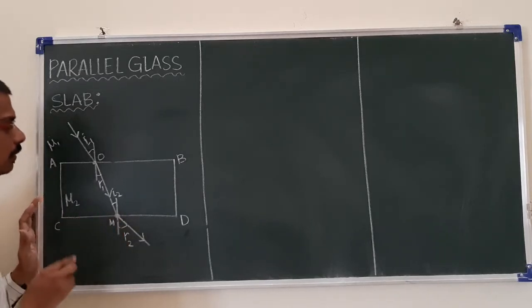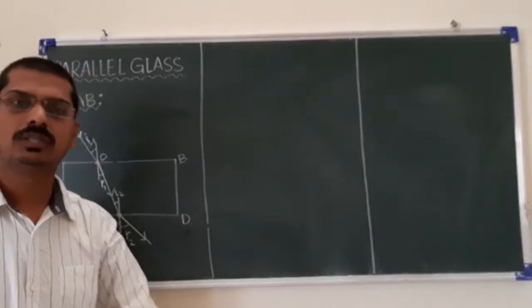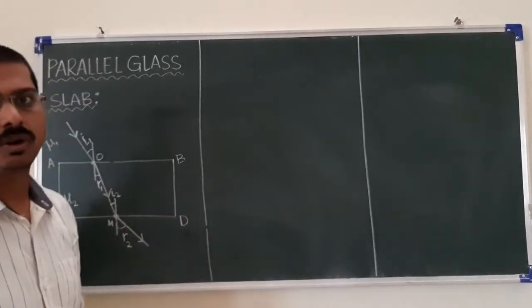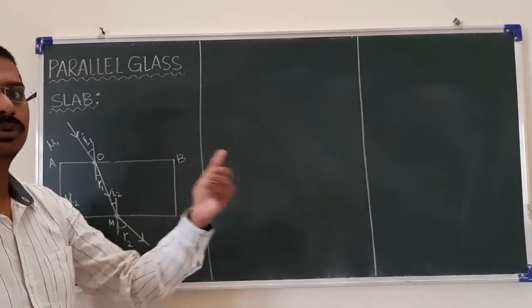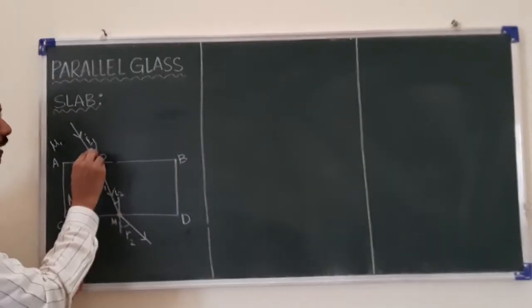In this concept, we have to discuss two things that we can use to solve sums. Here, the first one: this is the angle of incidence and this one is the angle of refraction in the second medium, which we can call the angle of emergence.